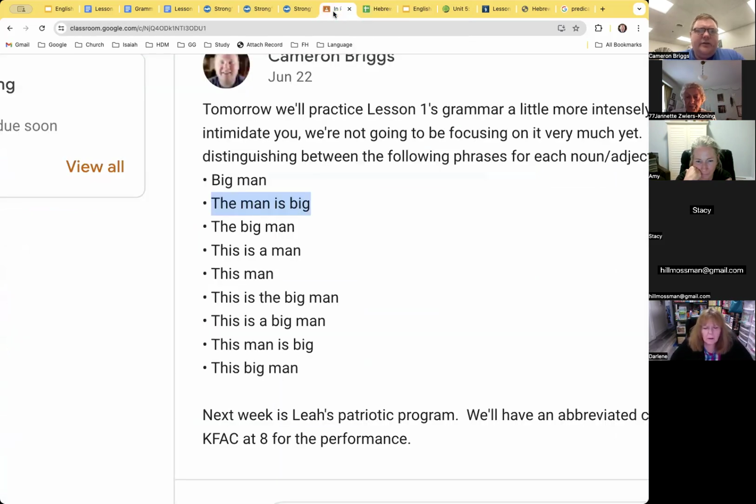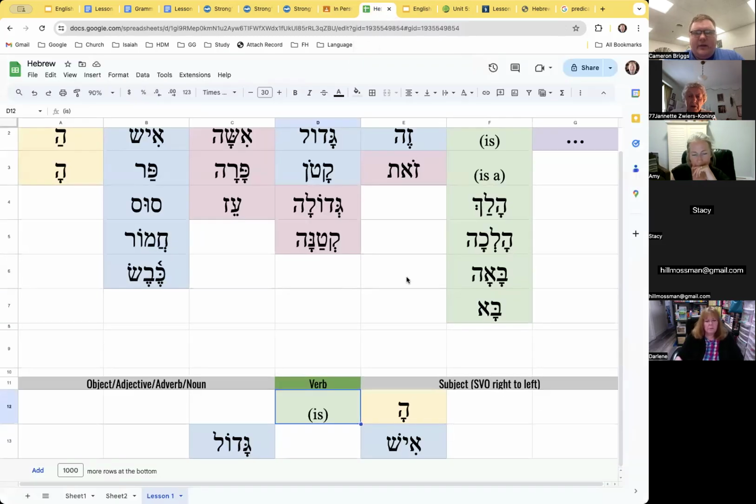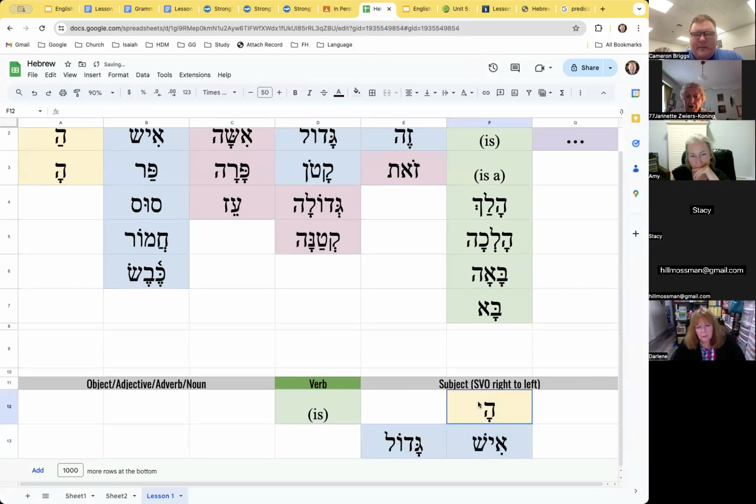Ish gadol. So let's do the big man. We got the ha-gadol, right? Yep. Ha-ish hagadol. The big man is whatever. Ha'ish hagadol halach.